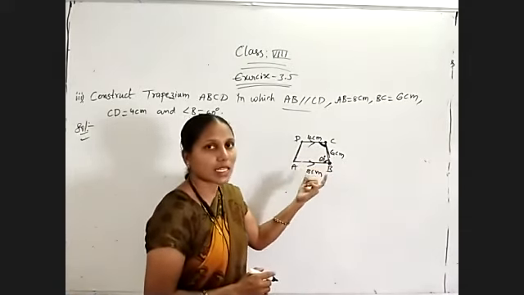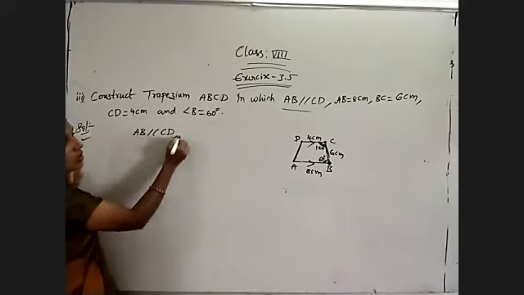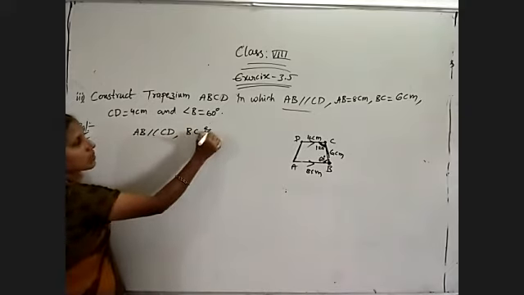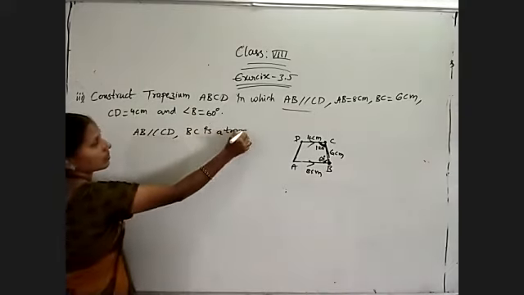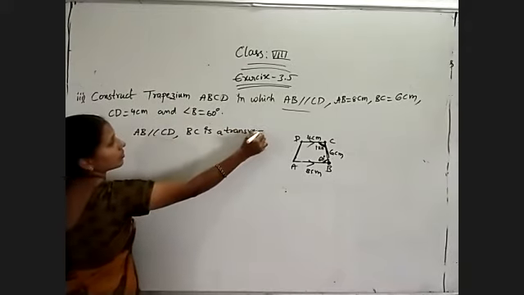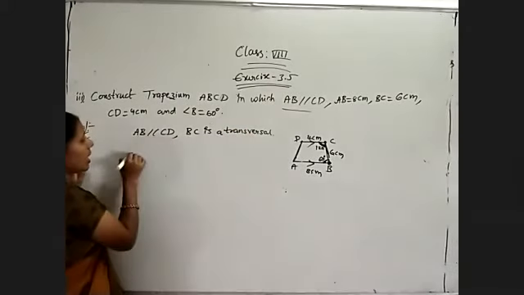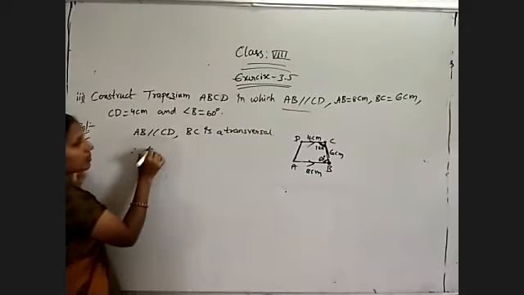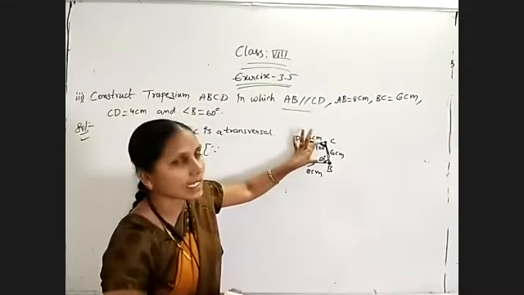Okay. So first of all, to get the third angle, another measurement, they are given that AB is parallel to CD. So BC is a transversal. So angle B plus angle C equal to 180 degrees, since they are lying on the same side of the transversal line, both are inside only.